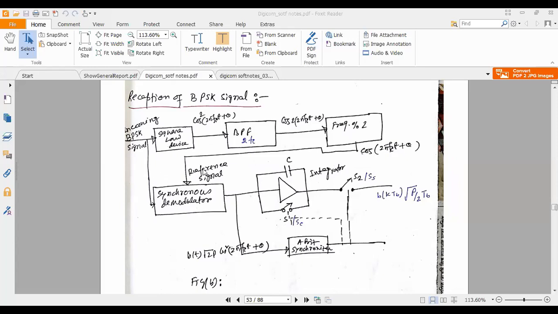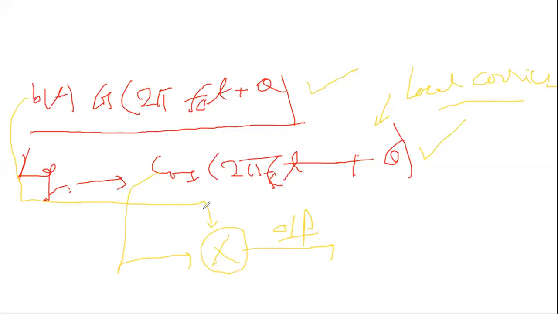They will be multiplied here, and that signal moves to the integrator part. Let's come again to the whiteboard. These two signals are multiplied with each other. So what will happen? The amplitude factor, we are not worried about it, and for bt also we are not worried, it will remain bt.